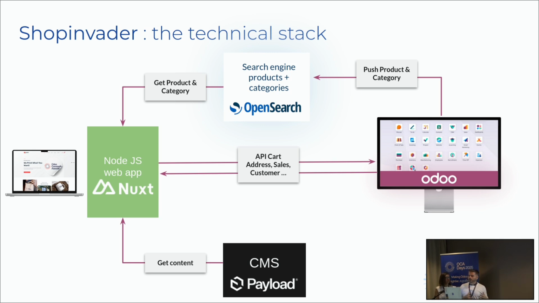We have also a search engine to provide the expected search experience to the customer. So here we use OpenSearch or Elasticsearch. It's used to retrieve products and categories, to display product and category pages, to do the fast settings. It's finally used to offer the search engine on the website.